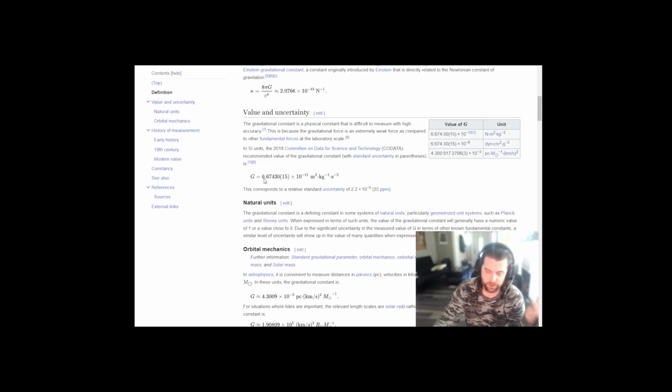How much force per kilogram of gravity, okay? So it's measured in mass, not weight, mass. So it'd be gravitational force times mass.